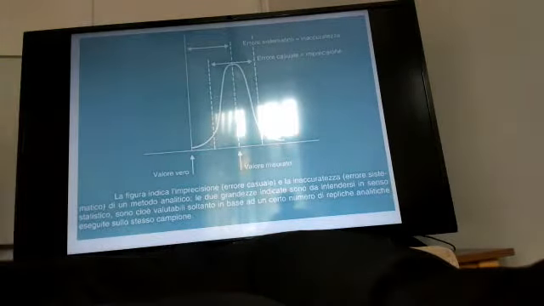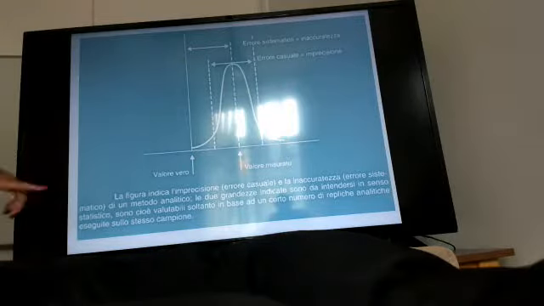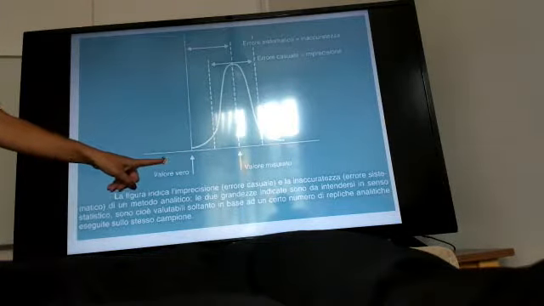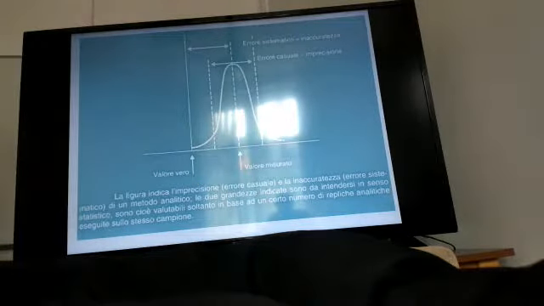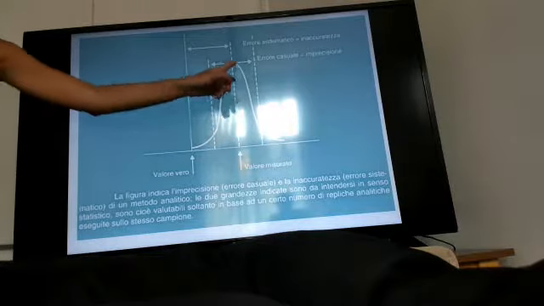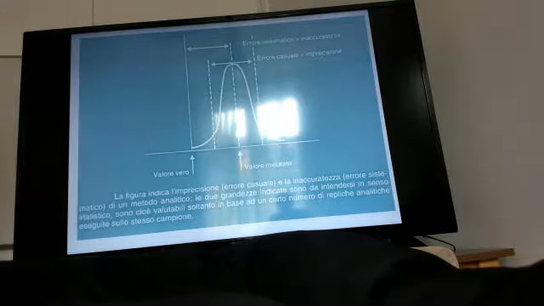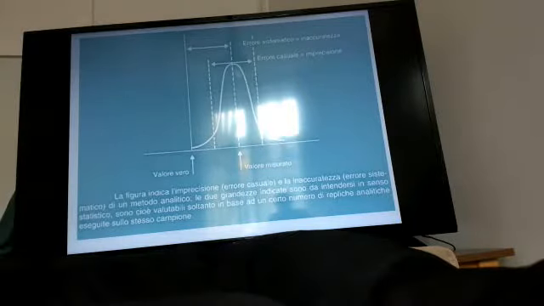So, in this graph, you can see the difference between the two kinds of errors. This is the true value, and this is the value that you have measured. This is the distribution of your measurement. If this is the value that you have measured, and this is the true value, the difference between the value measured and the true value is the systematic error.